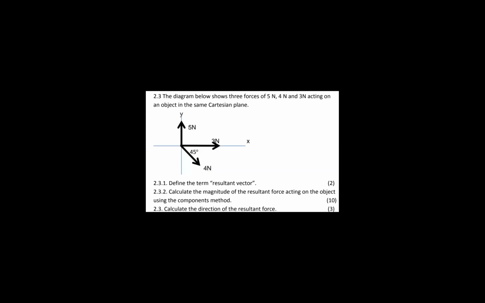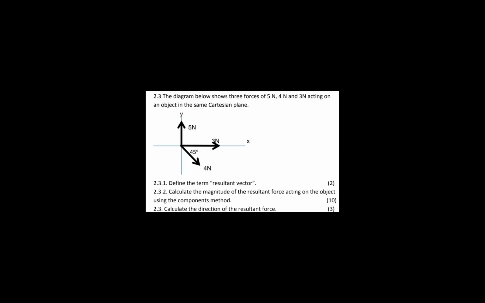Determine the resultant vector. Resultant vector, so it's just the definition. Sometimes they will say resultant force. It is the force whose effect is the same as two forces acting together. This one is a resultant vector, a vector whose effect is the same as two or more vectors acting together. That is the definition, so I will not write the definition.